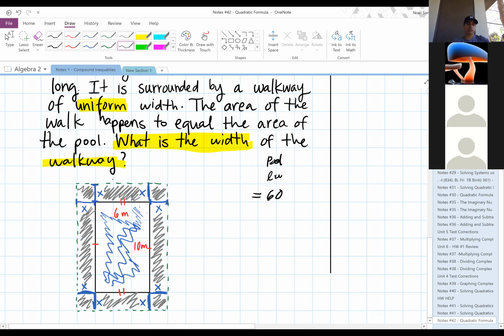And each one of those pieces added up together should equal the same area as what's in the pool. Now, let's say I wanted to find the area for just this little section right here. What would the area for that section be?